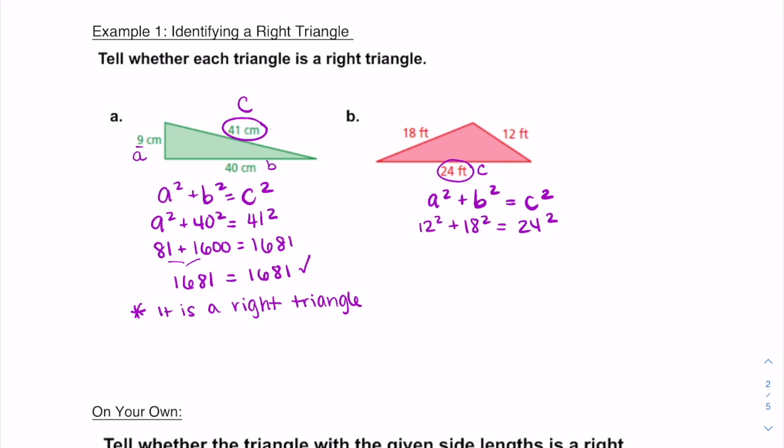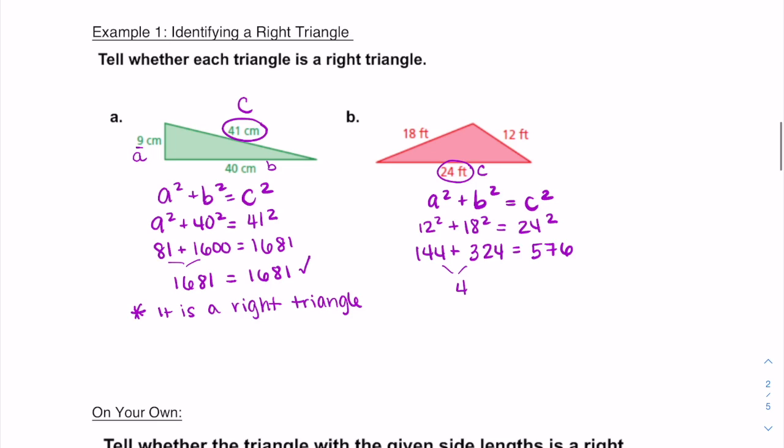All right, so 12 squared is 144. 18 squared is 324. And 24 squared is 576. Now, cuando sumo estos dos, I get 468. So you can see this is not equal. Okay? Lados A y B no me dan el mismo valor que el lado C. So here, this is not a right triangle.